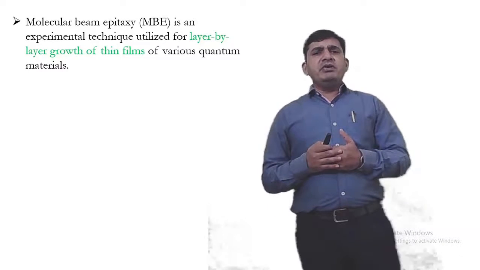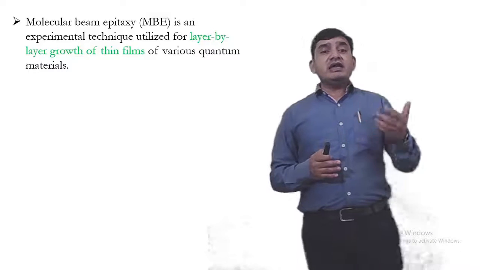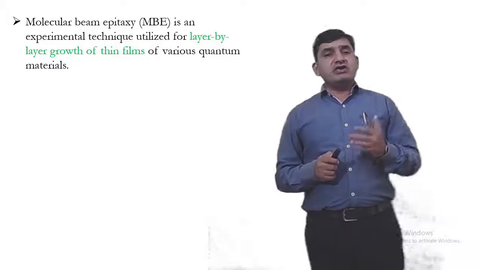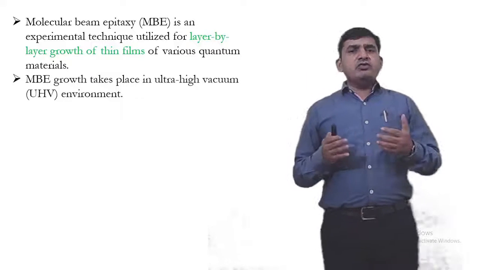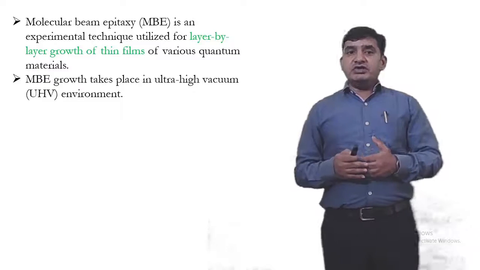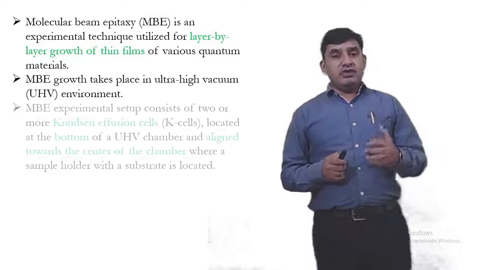Molecular beam epitaxy is an experimental technique utilized for layer by layer growth of thin films of various quantum materials. The growth takes place in an ultra high vacuum environment.